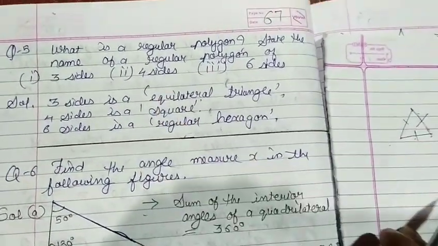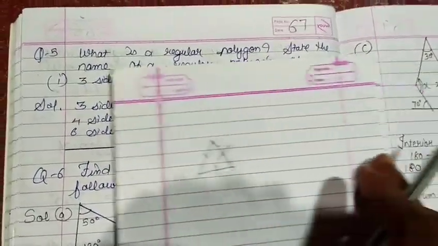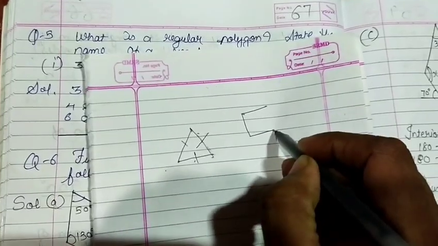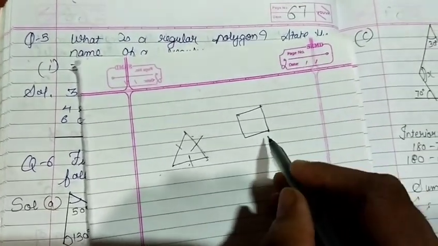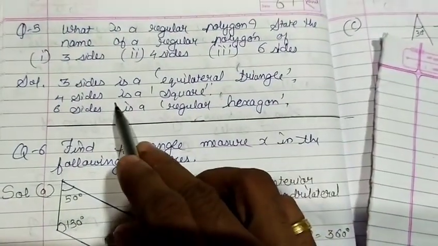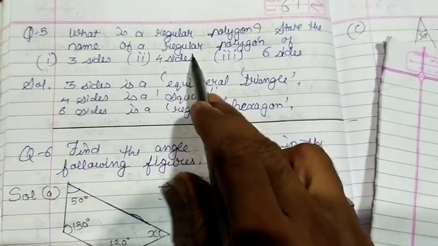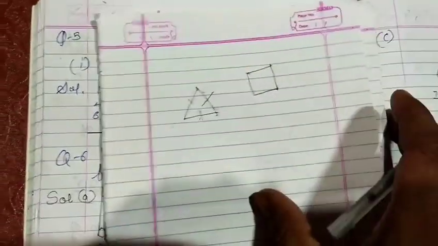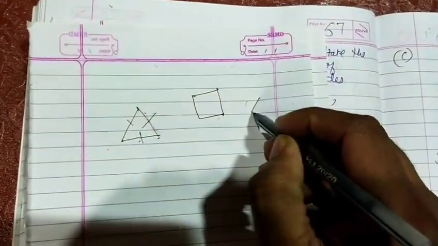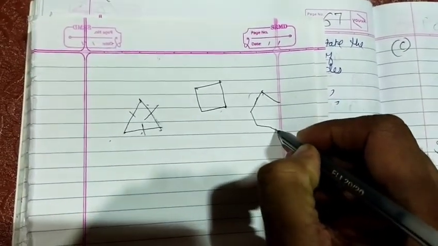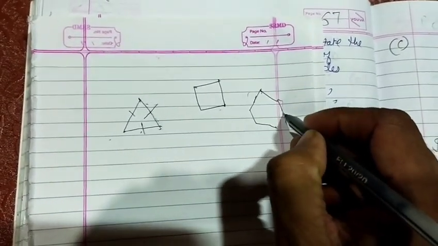Now the polygon having 4 equal sides, 1, 2, 3 and 4. So what figure are we getting? It's a square. So the polygon having 4 equal sides, regular meaning equal sides, is a square. Then 6 sides, 1, 2, 3, 4, 5 and 6.